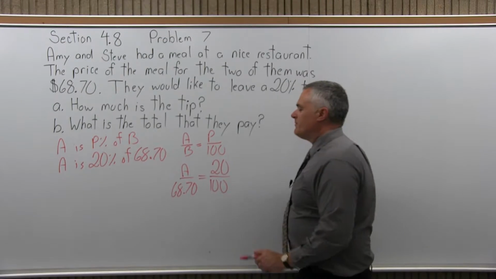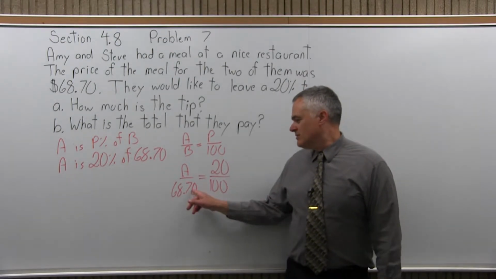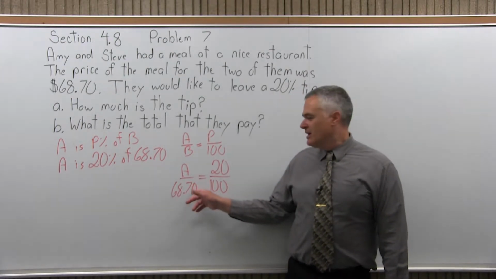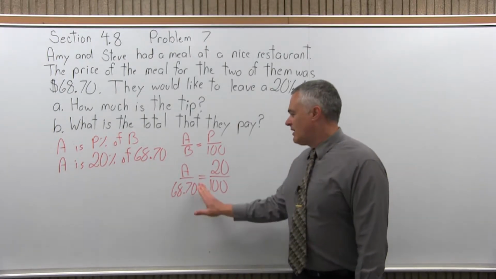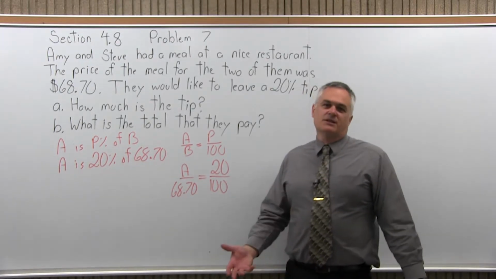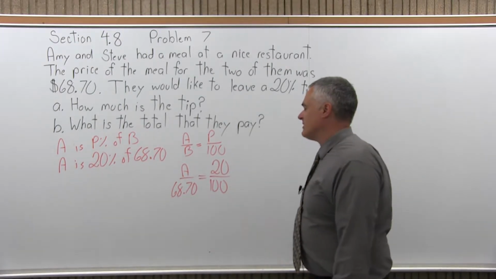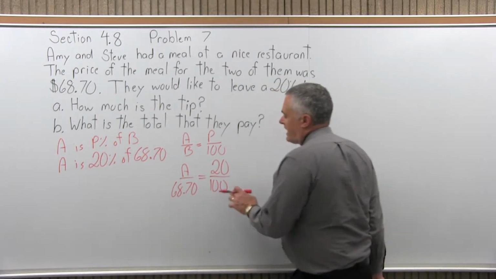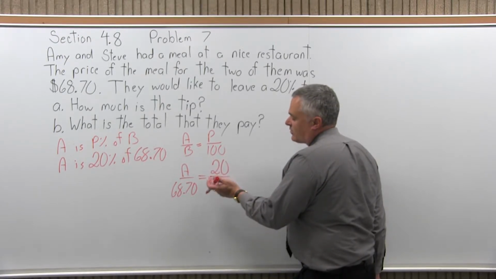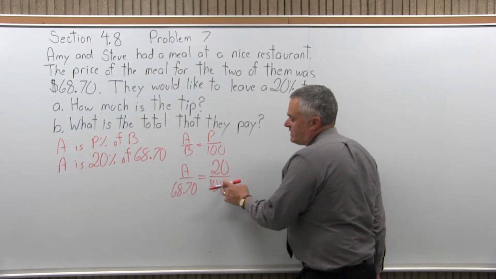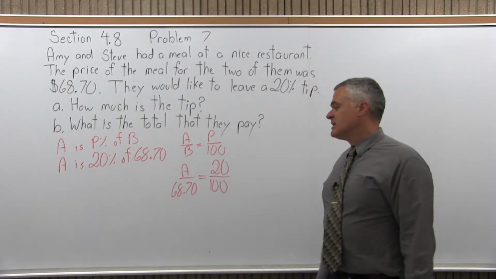68.70. Now, at this point, you can eliminate the 0. 68.7 is really the same as 68.70. But because it's a price, I just like seeing the two places after the decimal, so I'm going to leave it. Now, one thing you can do is reduce the 20 over 100 pretty nicely. It reduces to 1/5. 20 divides into 20 once, 20 divides into 100 5 times.